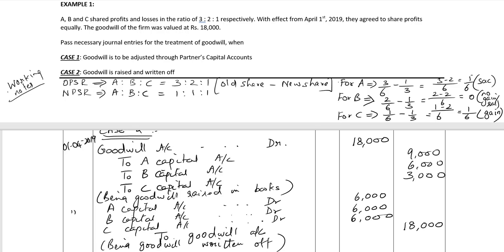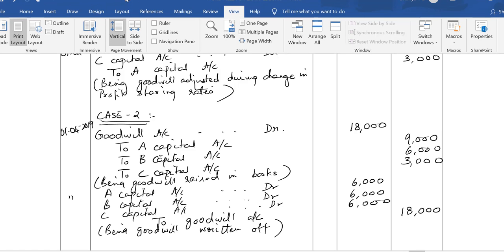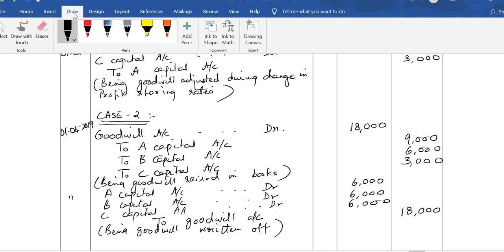I'll remove the split and we can see both the methods, the journal entries. So these are the journal entries under case 1 and the journal entries under case 2. Now, although this is not essential in your examination, I will tell you how to find out that the net effect of both these two methods will be the same.